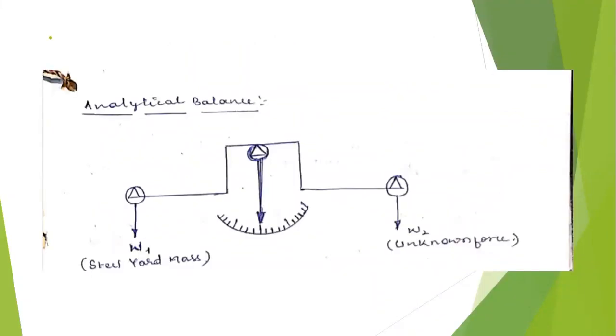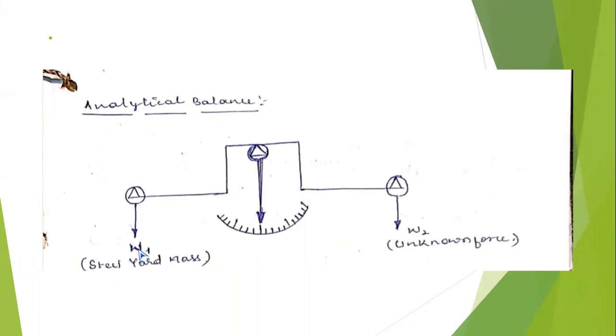Next, come to the analytical balance. In almost all question papers, you have a question on the analytical balance. This is based on symmetry. The components are present here one by one.